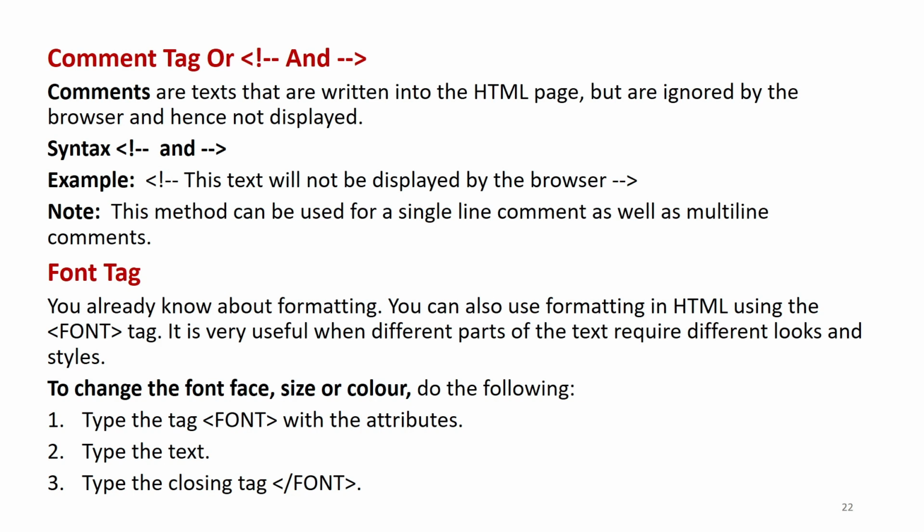It is very useful when different parts of the text require different looks and styles. To change the font face, size, and color, do the following. Type the font tag with the attributes, then type the text and close it by typing /font.